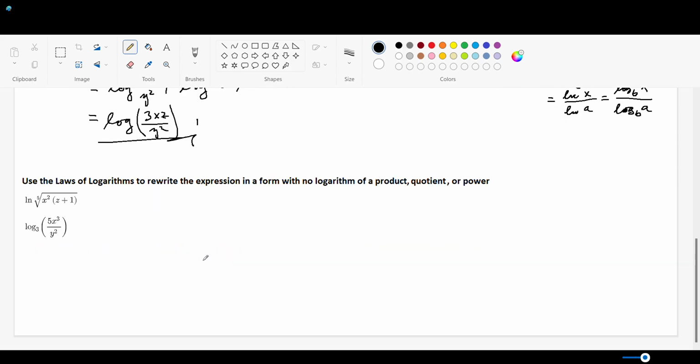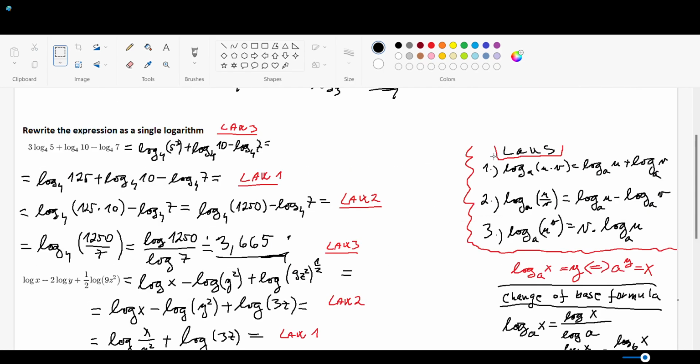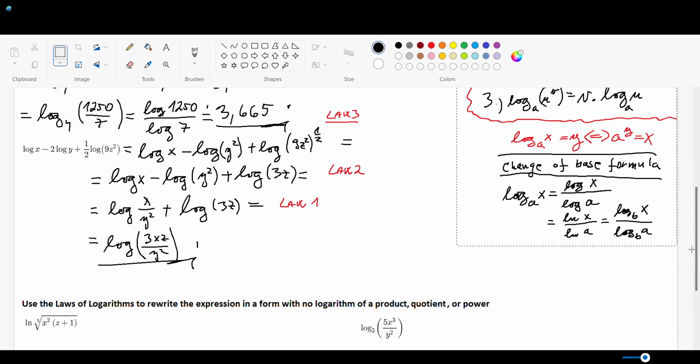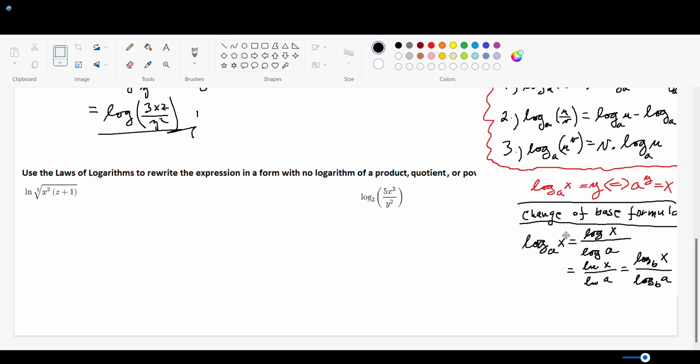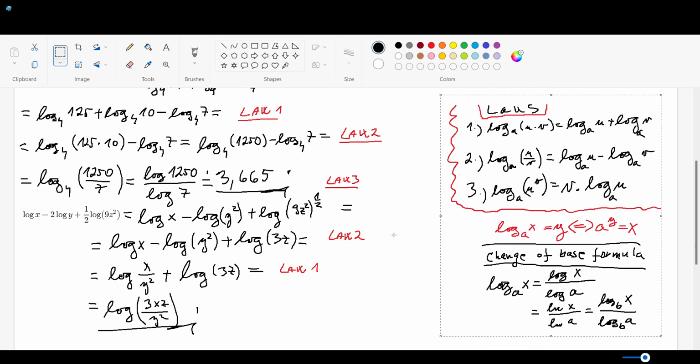Now let's have a look at our task. In our last task, use the laws of logarithms to rewrite the expression in a form with no logarithm of a product, quotient or power. Let me start with the first example. I'm pretty sure we simply need to have the laws on the left side of the solution, though I'm pretty sure we will not use all of them.